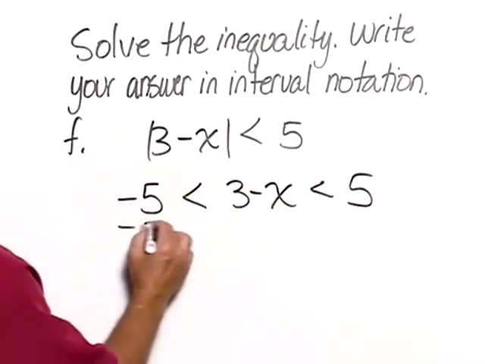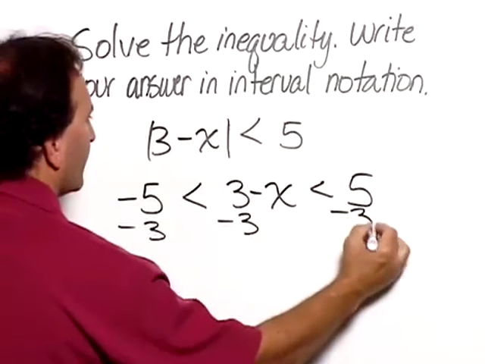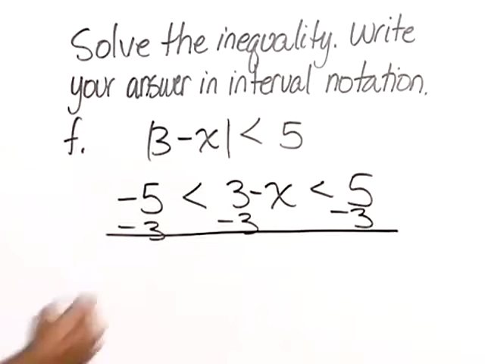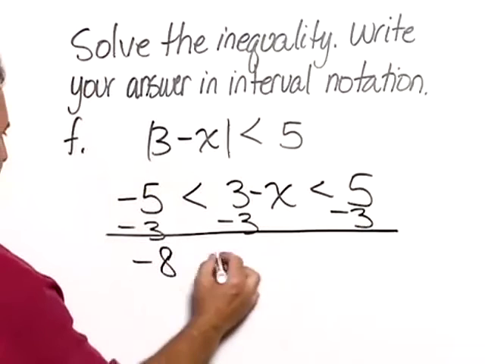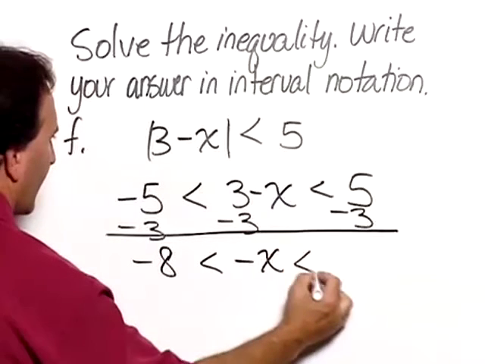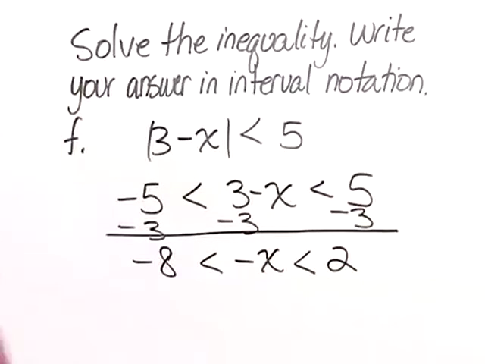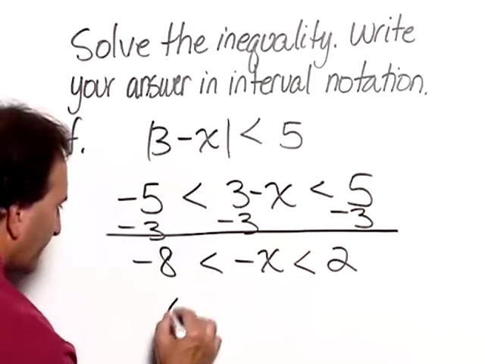That means we need to subtract 3 from each part. Negative 5 minus 3 is negative 8. That's less than negative x, which is less than 5 minus 3, which is 2. Now we need to multiply each part by negative 1, or you could think of it as divide each part by negative 1, which means we get 8.